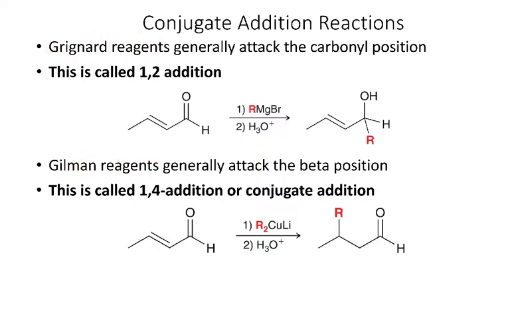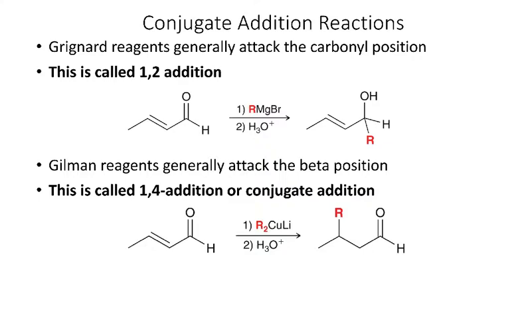They're more reactive. So when I react a Grignard reagent with this alpha-beta unsaturated carbonyl group, it's going to add the alkyl group onto the carbonyl carbon. The Gilman reagents are less reactive. They're not as strong a nucleophile as the Grignard reagents, and so they're more likely to attack the beta position. So when I react this compound with a Gilman reagent, we attach the alkyl group to the beta position.